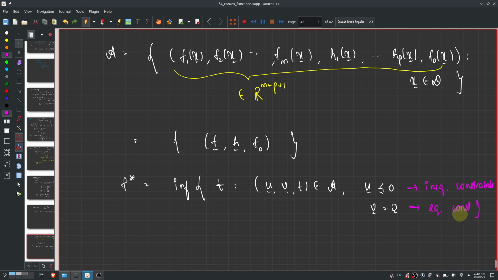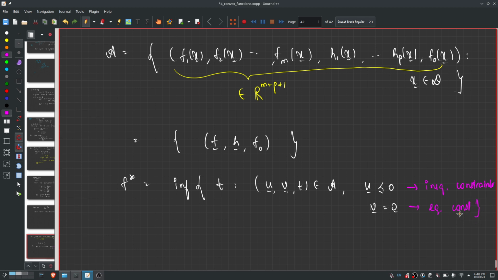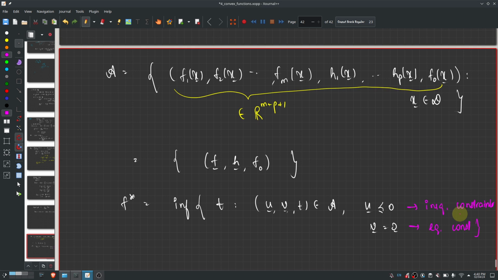The component wise inequality is simply that each element of u is less than or equal to 0, assuming that the optimization problem is in standard form. So the constraints are always fi of x less than or equal to 0, hj of x equal to 0 for all j. That is something that is assumed.